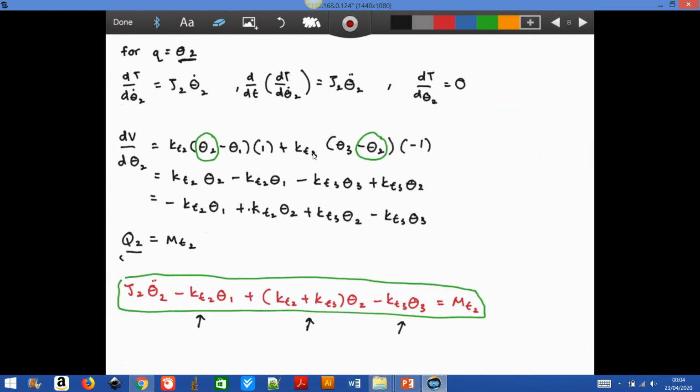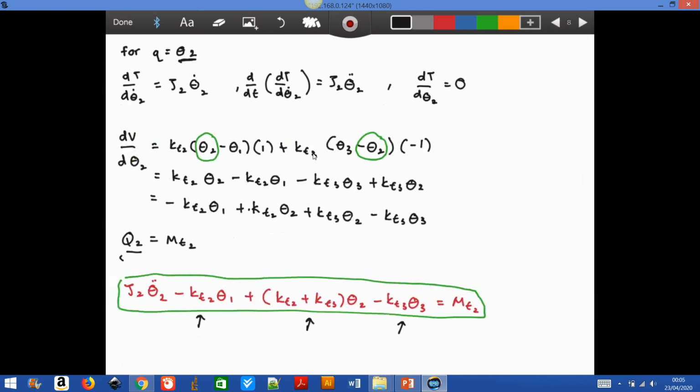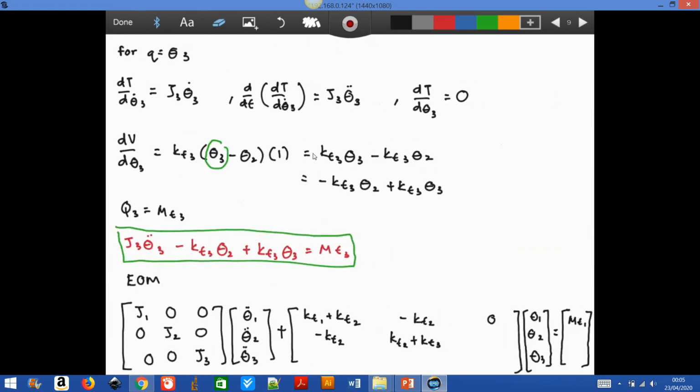Sorry, I forgot. kt2 plus kt3, and the third one is minus kt3, and Mt2.